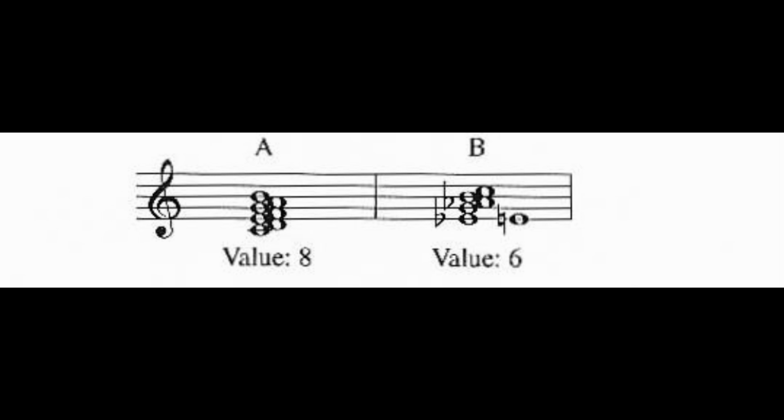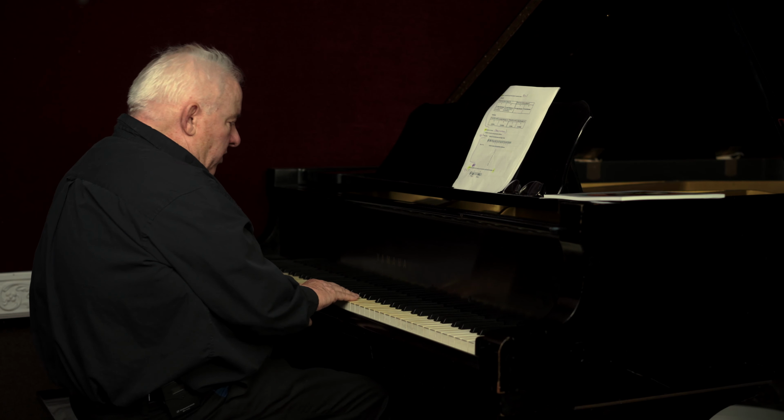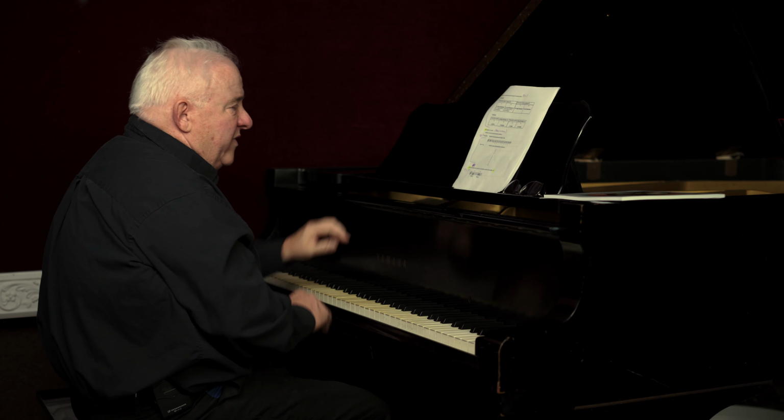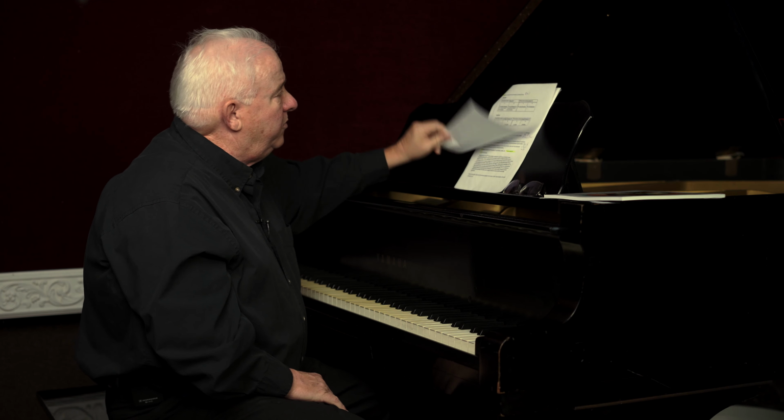So you can hear that example B is quite a bit more dissonant. There's B, there's A, here's B. And if you're paying attention, you might say to yourself, well, that's because all these notes fit into C major, which is true, and that's part of the answer to this question.